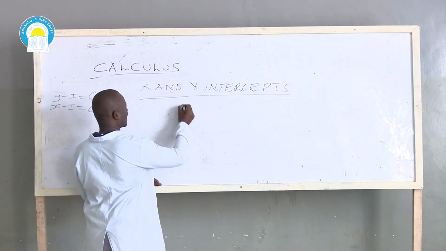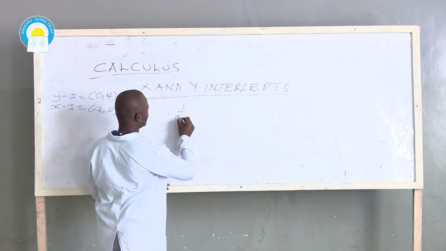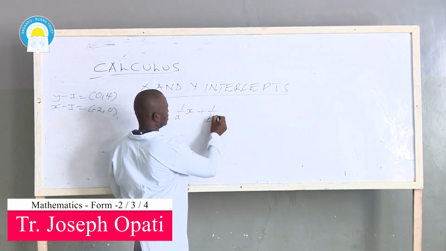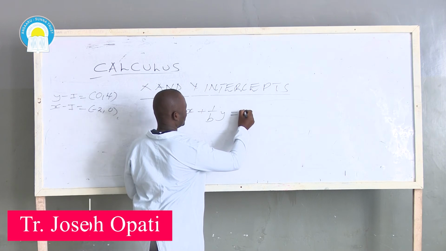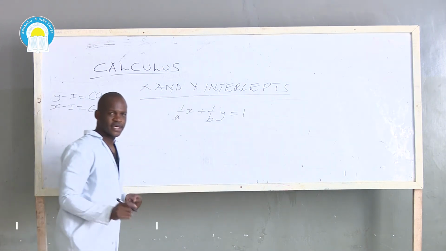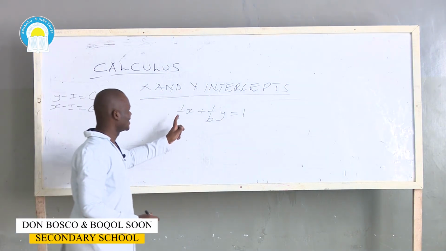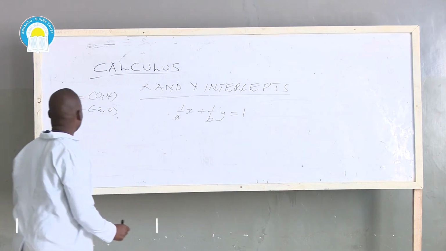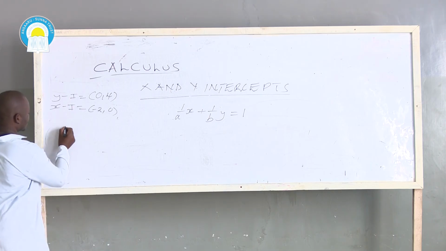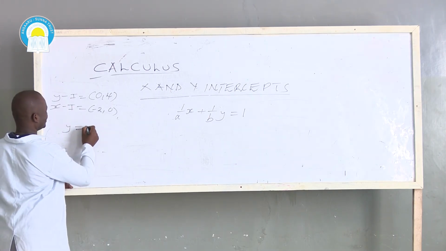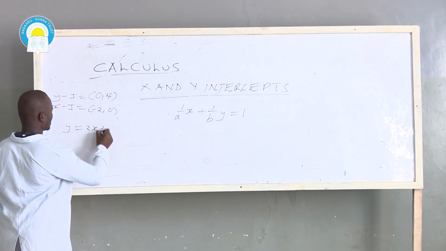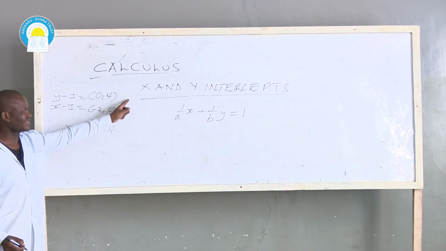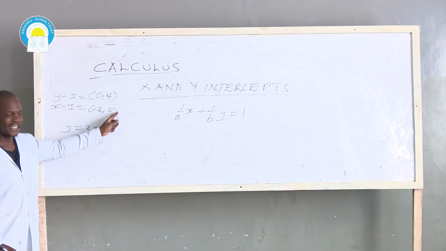Given the equation of a line in the form 1 over a x plus 1 over b y is equal to 1, we call this what? Double intercept form. Now remember, our line had the equation y is equal to 2x plus 4.